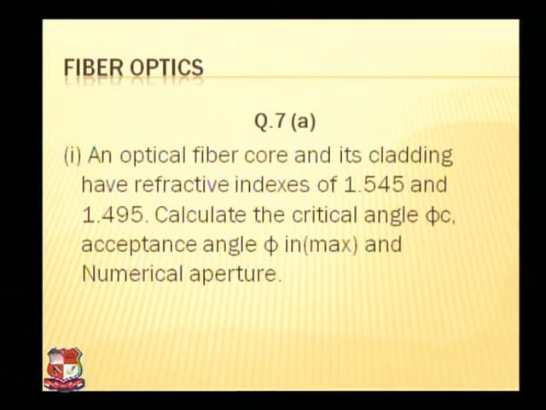Calculate the critical angle. Here we are asked to calculate the critical angle, that is phi C, the acceptance angle, that is phi in maximum, and the numerical aperture, that is NA. So we have to calculate critical angle, acceptance angle and numerical aperture. Let us calculate with its solution.